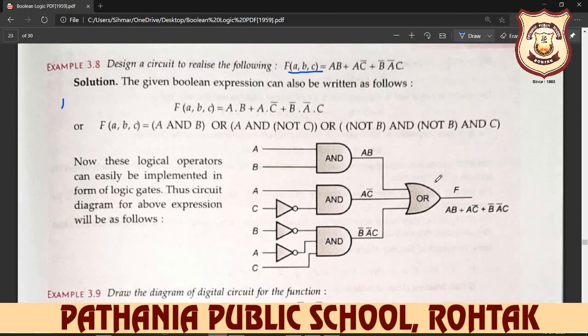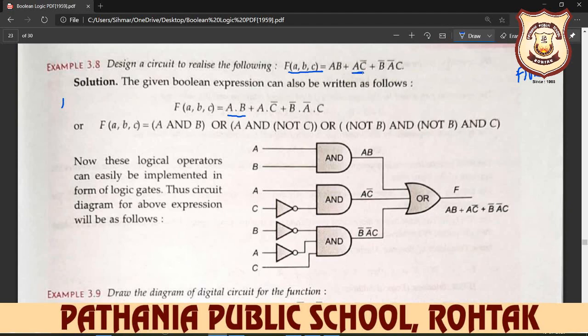So in this statement you find out first here A, B. You write down this statement here. A multiply B means multiply symbol is which gate? AND gate. After that A, C complement.